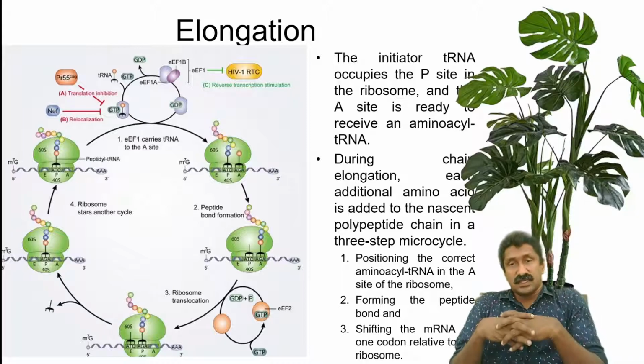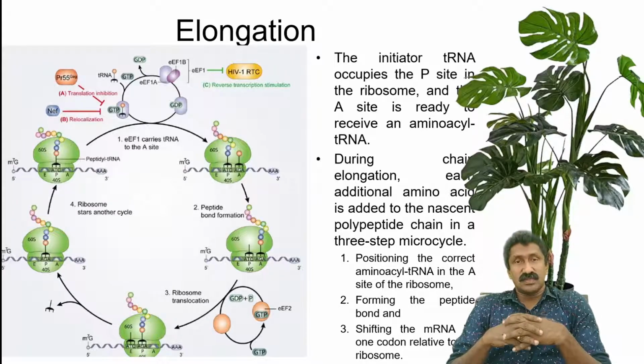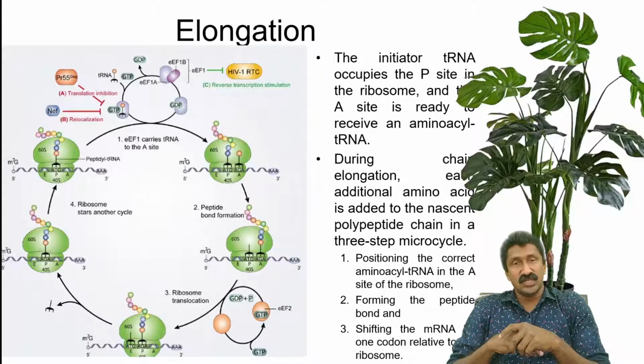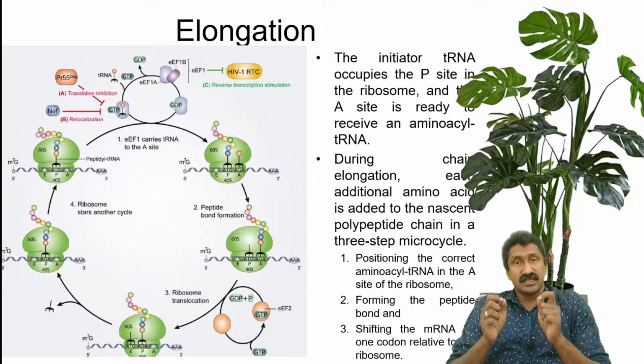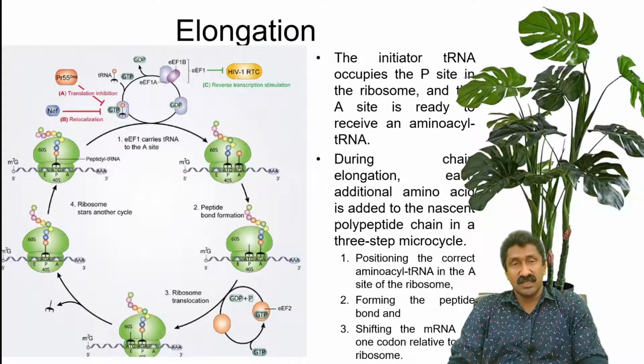So this is another representation. The initiator tRNA occupies the P site initially. That occurs during the initiation process, and the A site is ready to receive the aminoacyl tRNA. So that is the starting point of elongation, where initiation is complete with the initiator tRNA occupying the P site.